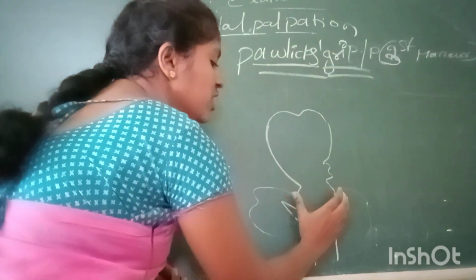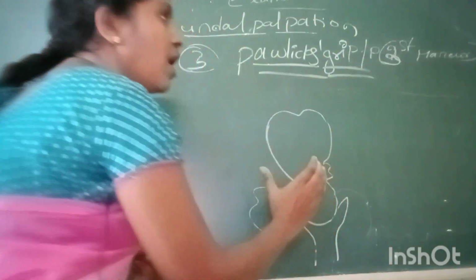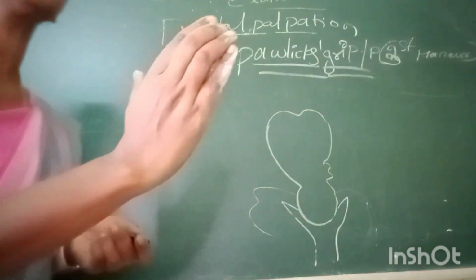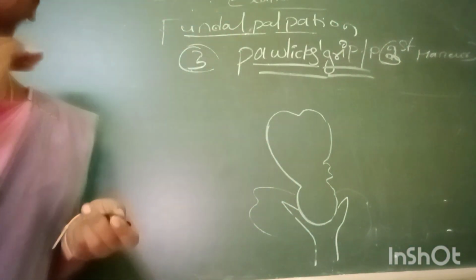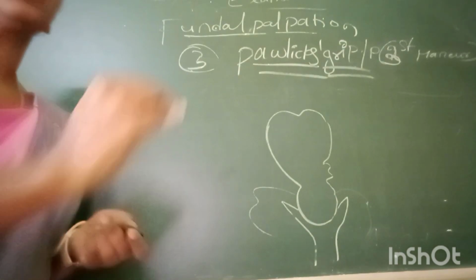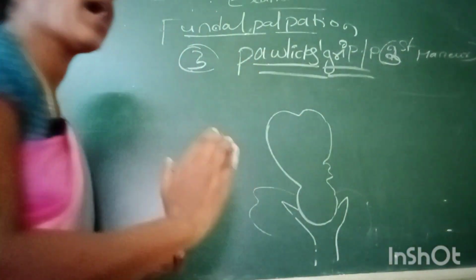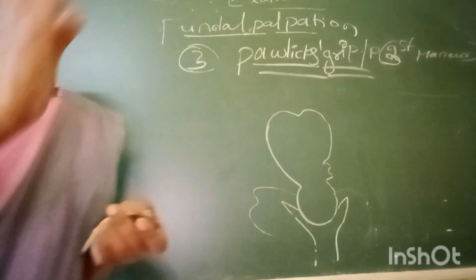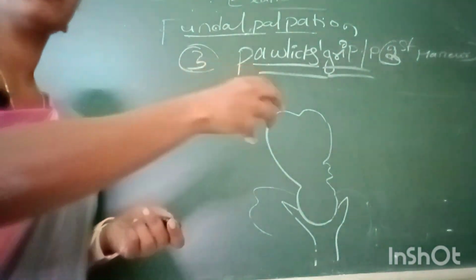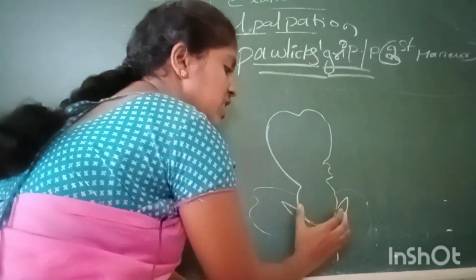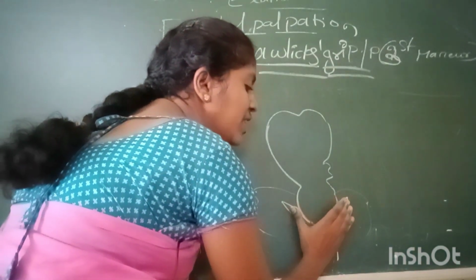If the head of the fetus is moving, that means the head is not fixed in the pelvic region. If it is not moving and is a little resistant, then it is fixed. If the head is fixed in the pelvic region, we cannot move it using this grip.